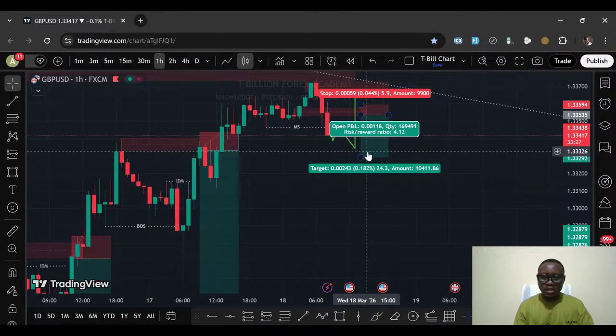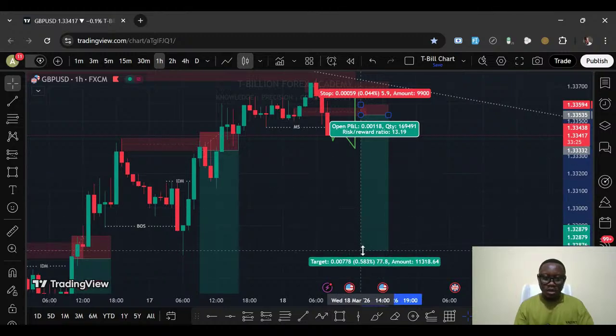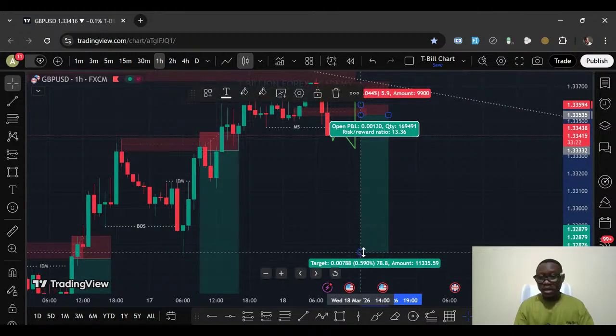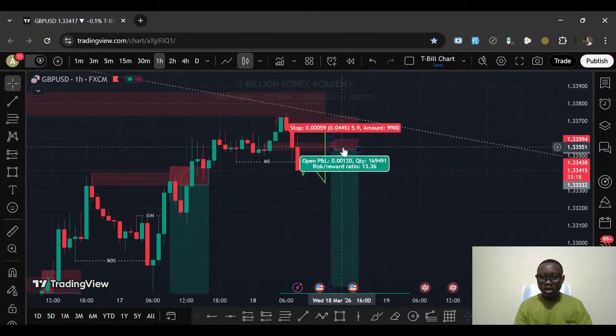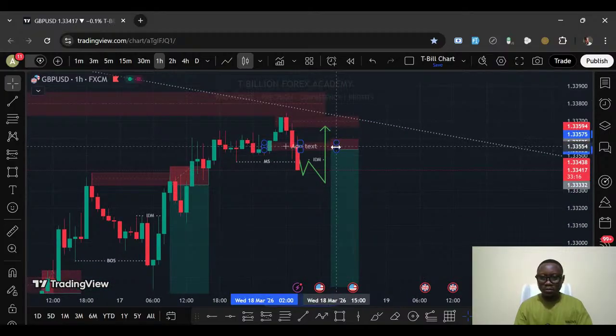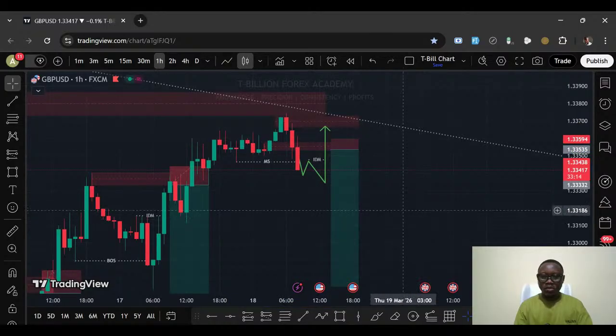And of course, I'm targeting this much as my take profit level. This is a 1:13 risk to reward ratio, and this is for our breaker block.